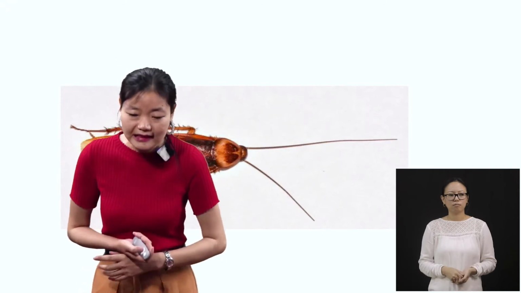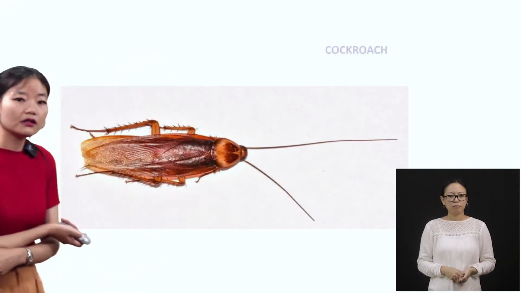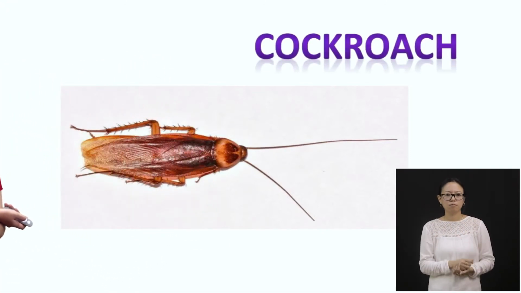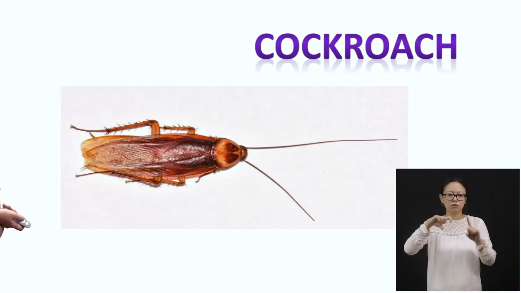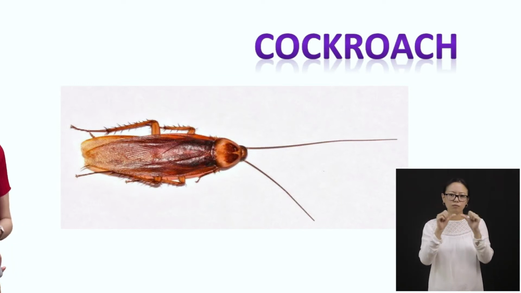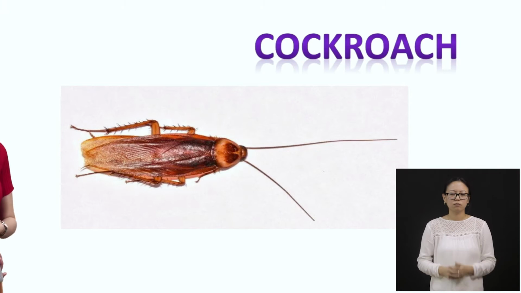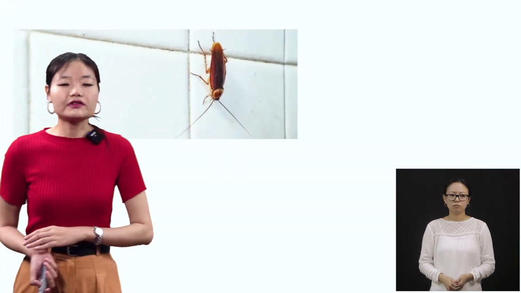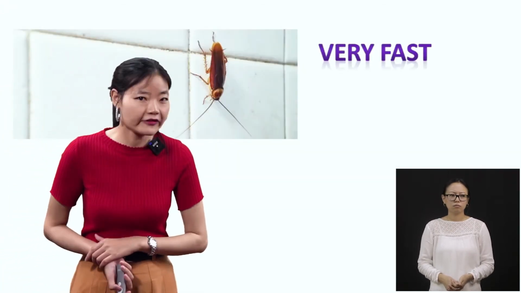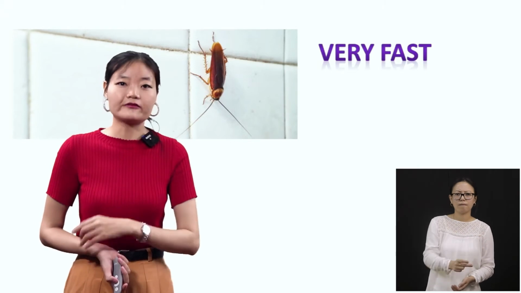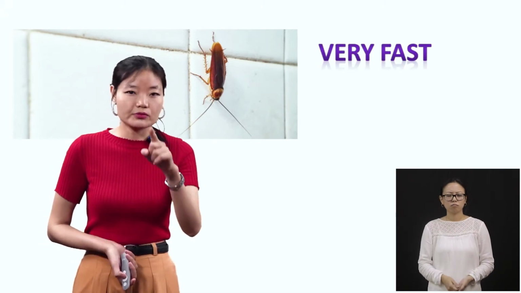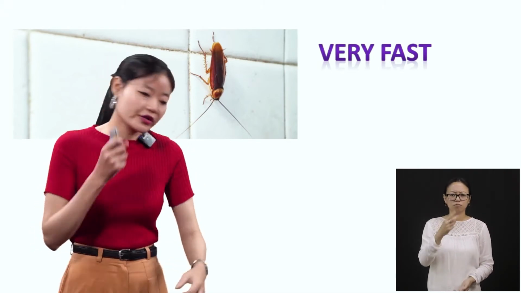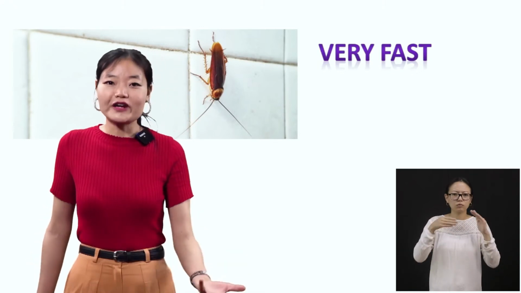Now the next insect is the cockroach. C-O-C-K-R-O-A-C-H. Cockroach. All right. So cockroaches are very fast. You must have also witnessed that, right? Because you must have seen a cockroach at home, and when you try to kill it, you're not able to do so.